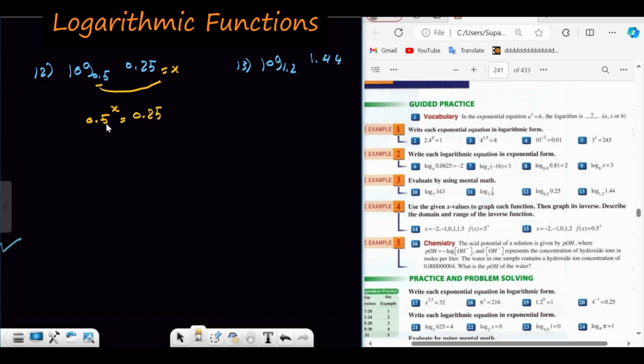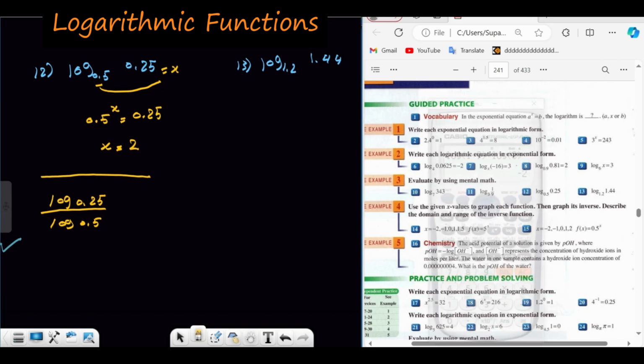You can try it. 0.5 to the power 1 is 0.5. 0.5 to the power 2 will be 0.25. So x equals 2. If we use a calculator, log of 0.25 over log of 0.5. Every time write this one in the numerator and write the base in the denominator.